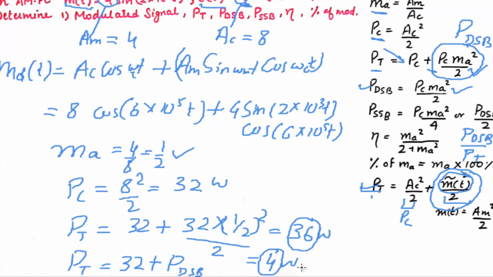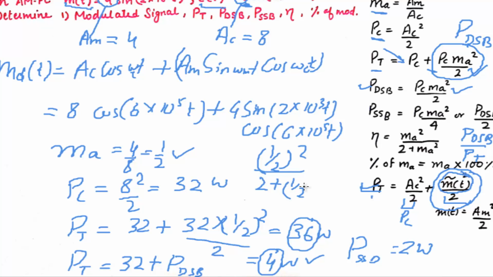So this is what we have, and P single sideband will be half of this, so this will be 2 watts. Now everything looks pretty simple. Eta can be found using this formula, so I can put half square upon 2 plus half square.